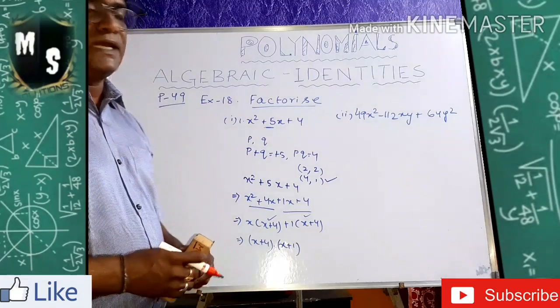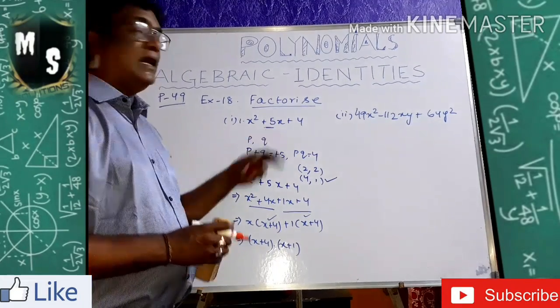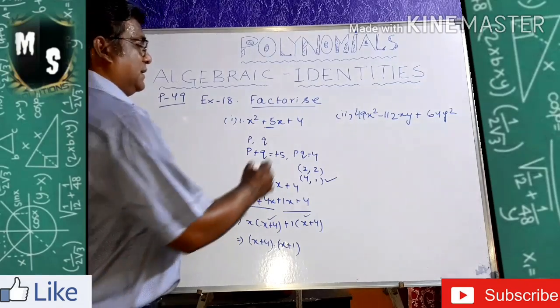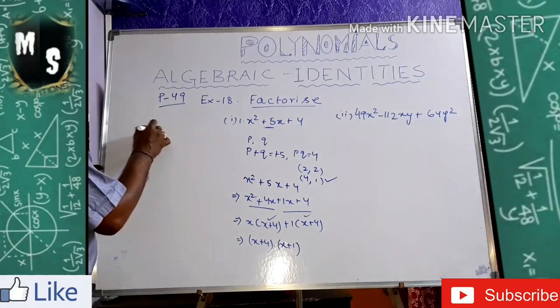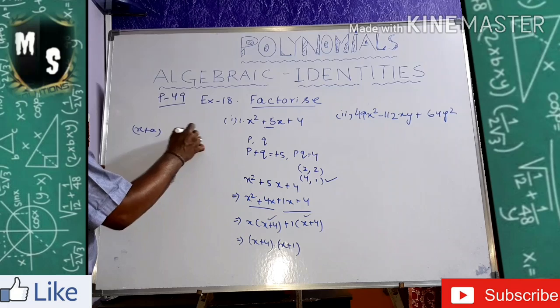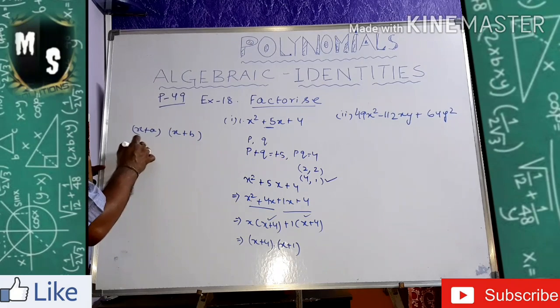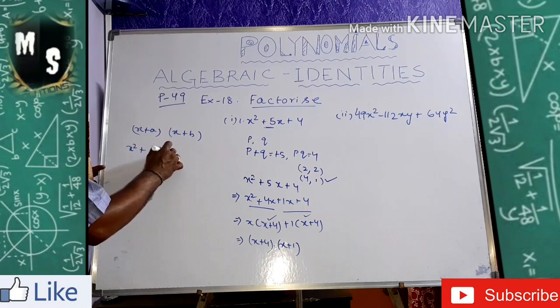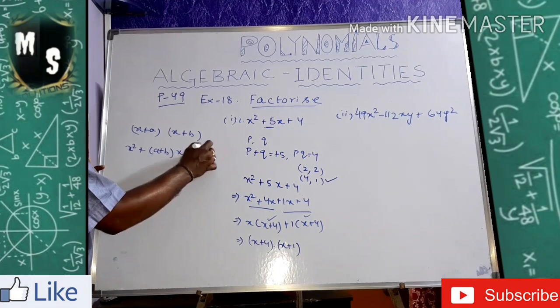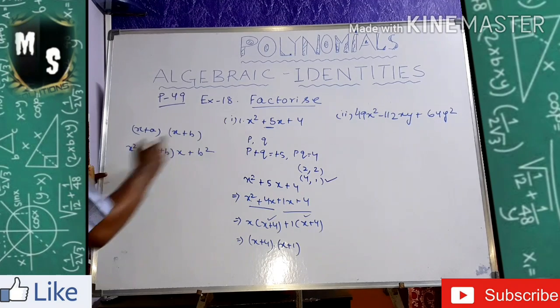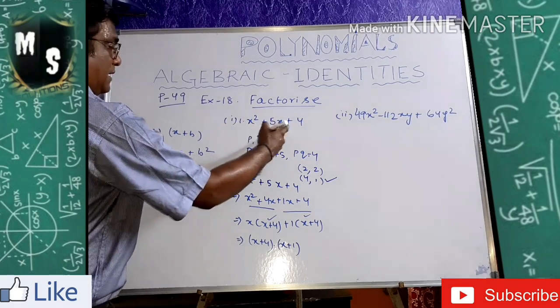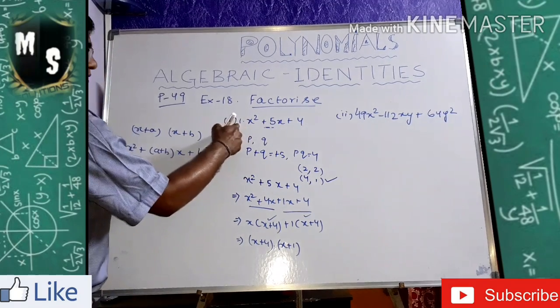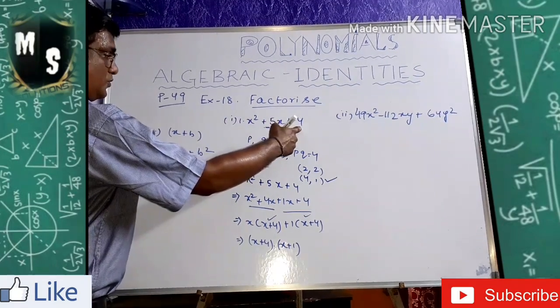Some student will say, sir, I will do it in another formula, that is called the x plus a into x plus b formula. What is the formula? The formula is x square plus a plus b into x plus ab. What is a here? 1. What is b here? 4.